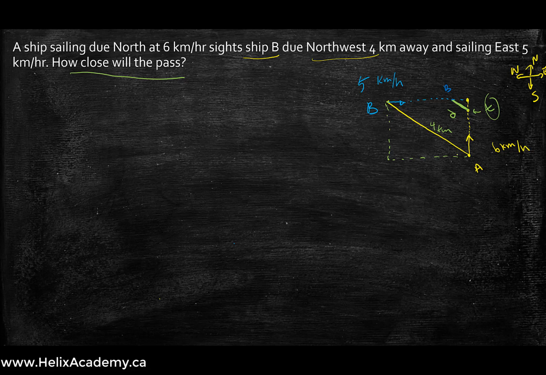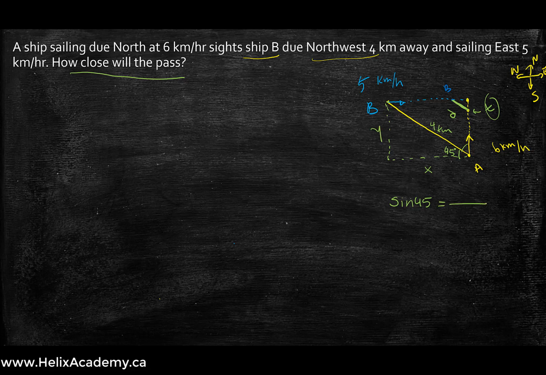So since this is 4 and this guy is northwest, and northwest means that this angle and this angle are 45 degrees and they're equal to each other, maybe we could just use some sine or cosine relation and trig to find out what that distance is. So if this is 4 and this is 5, this side, let's call it x, and this is y.